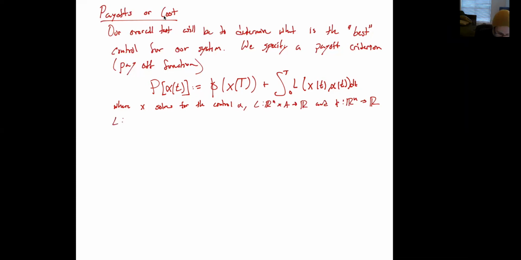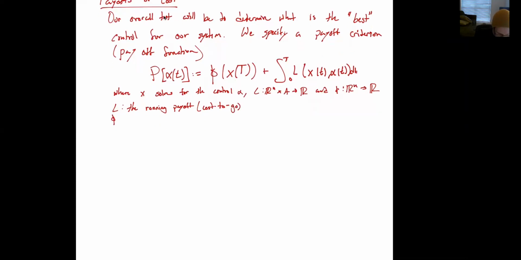L is called the running cost. Or actually they say running payoff here. But you can also find it in the literature as, I think, the cost to go. Phi is the terminal payoff or terminal cost.